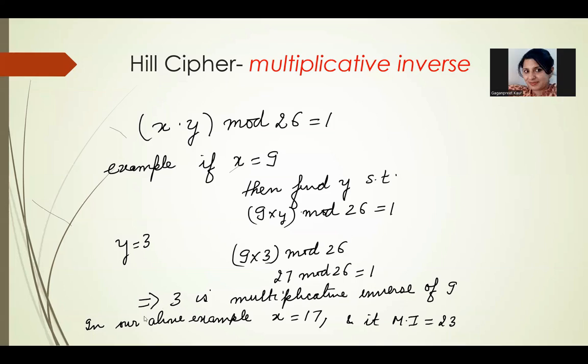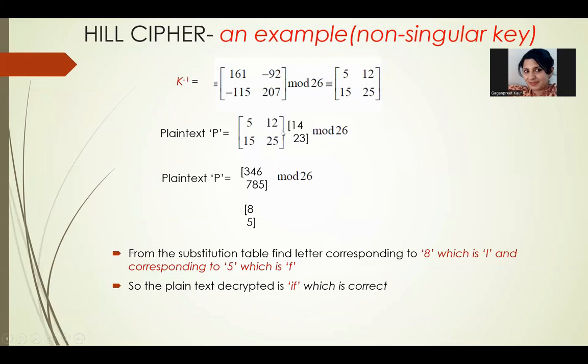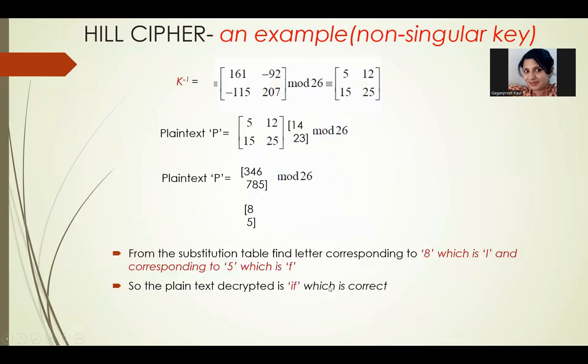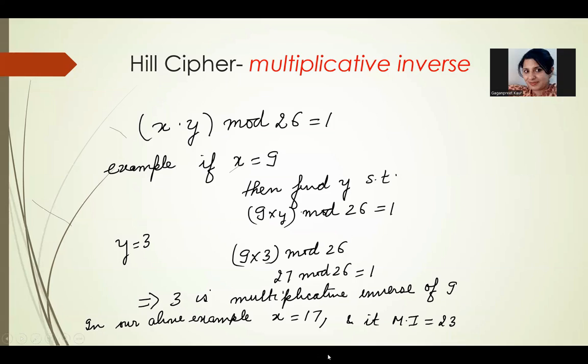So in our example, that is the cipher example, we had to find the multiplicative inverse of 17. For the multiplicative inverse of 17, we apply the same procedure.